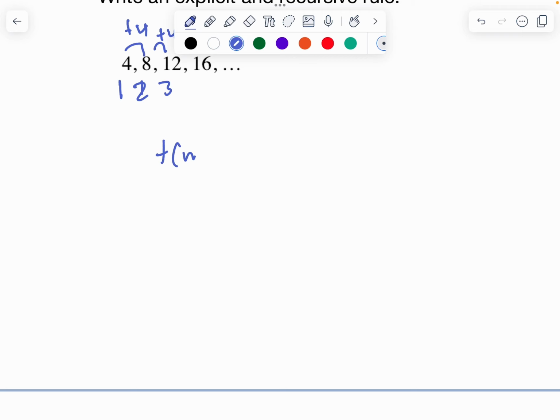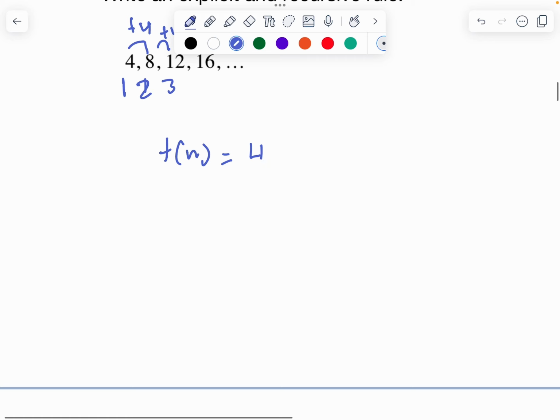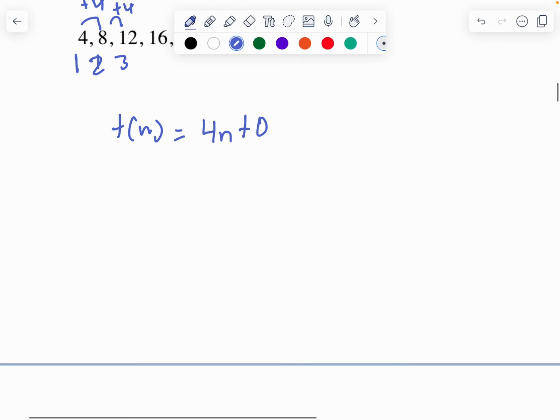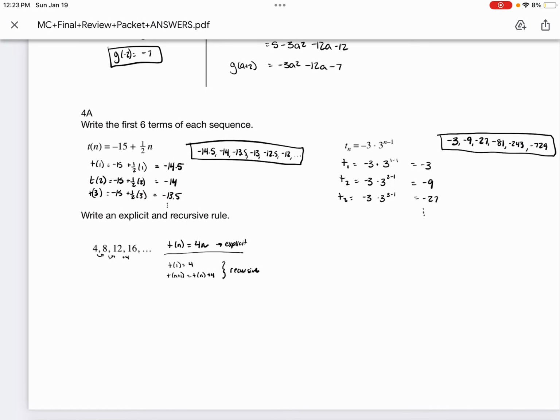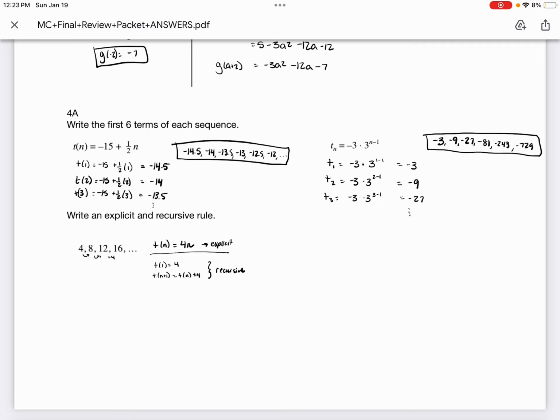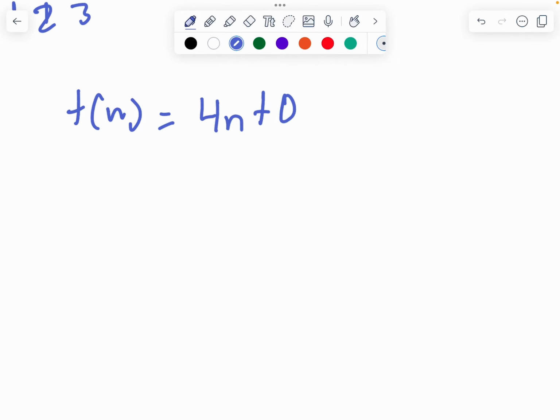It's going to be t of n equals 4n plus 0, or just 4n.